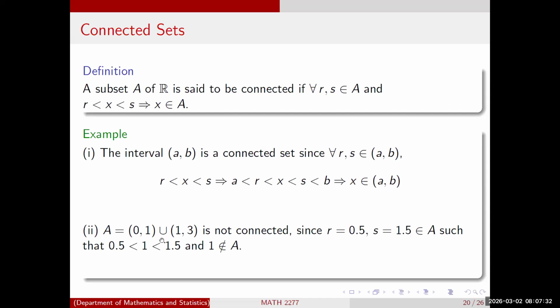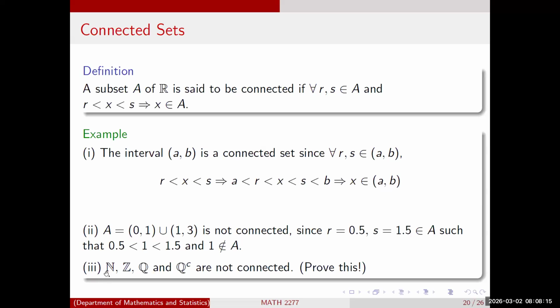So for example, if I take the points 1/2 and 1.5, these two numbers clearly belong to A, but there's a number between them that is not in A. For example, 1. 1 is not in A, right? So A is not connected. And if you think about it, the connected sets in R seem to all have the property that they are an interval. It seems that the connected sets in R could only be intervals. And we'll see that in a bit.